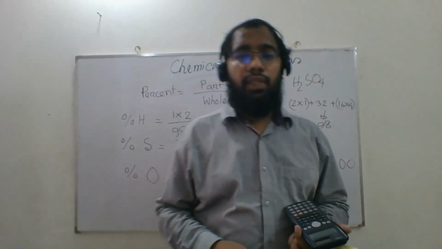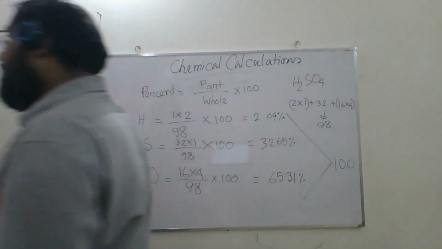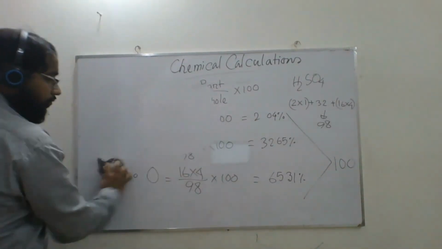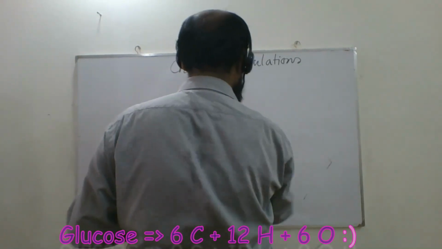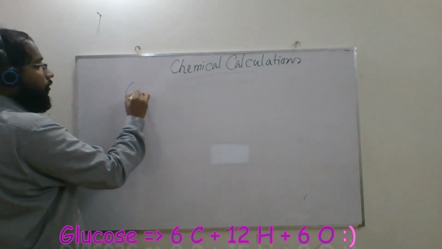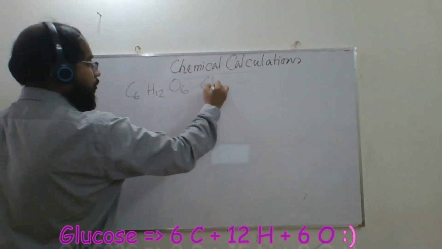Now can we calculate the percent composition of glucose, which is C6H12O6? So, C6H12O6 glucose.